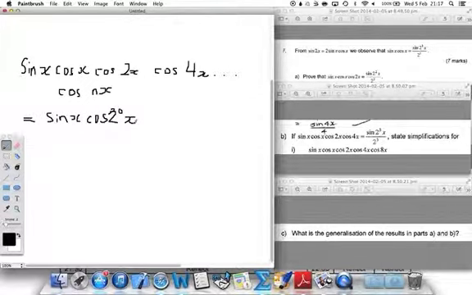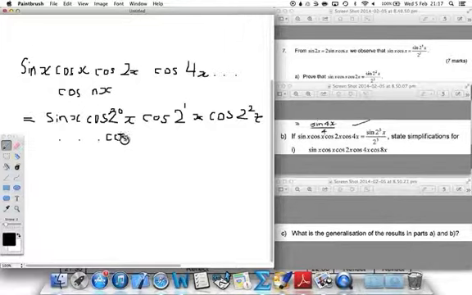Anything raised to the power of 0 is 1. Then cos 2 to the 1 x, which is just cos 2x, and then cos 2 to the power of 2 x, etc., until we get up to cos 2 to the n x.